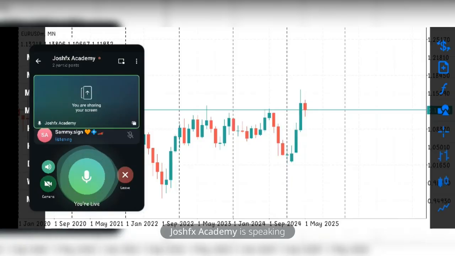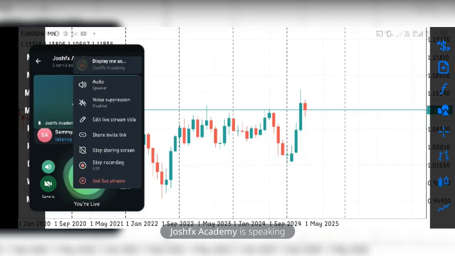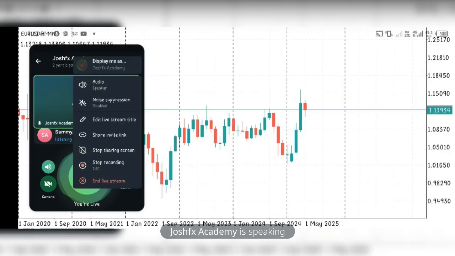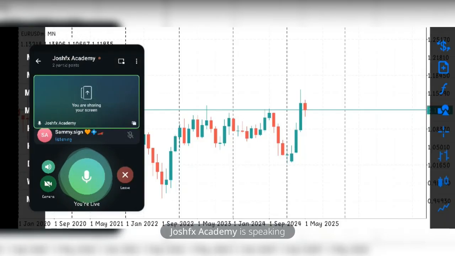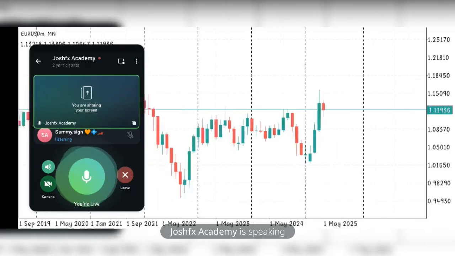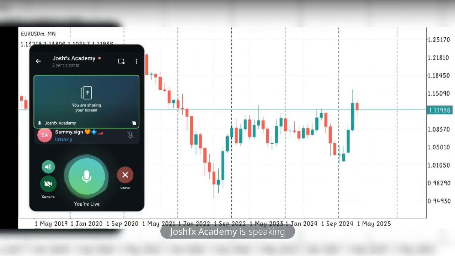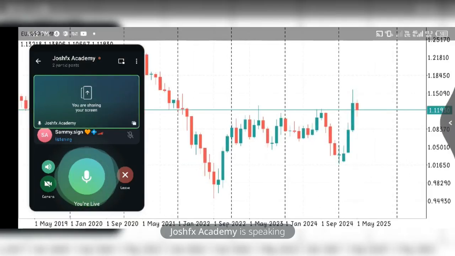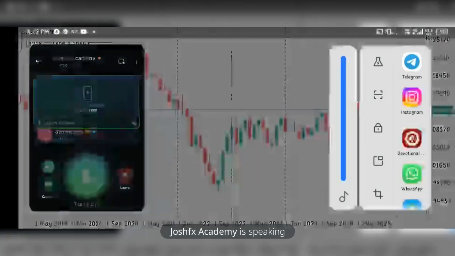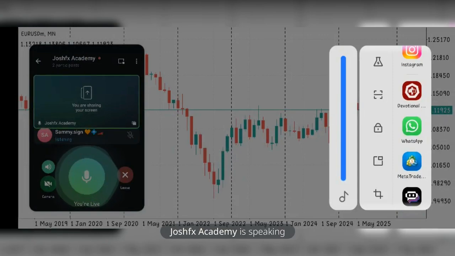We said that liquidity is the originator of price movement, and we'll be looking at the different kinds of liquidity that we can see. Initially we had the buy side and the sell side liquidity, and it has not changed. We have our buy side, we have our sell side.